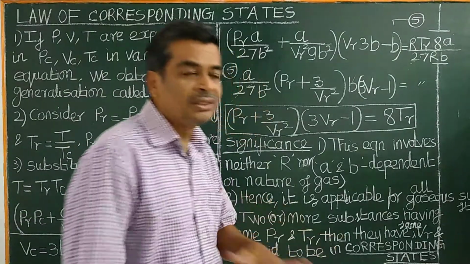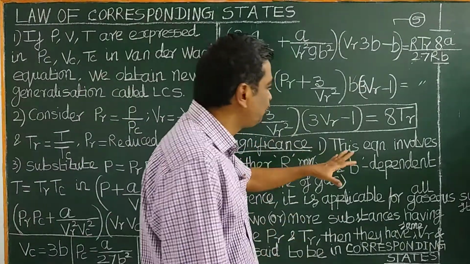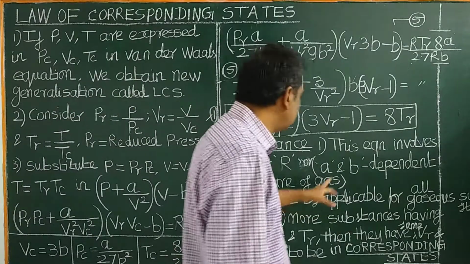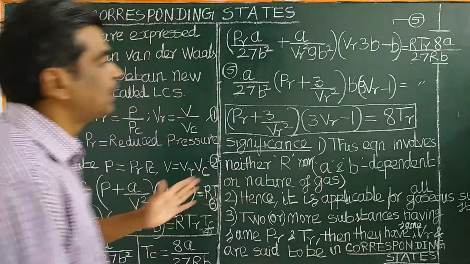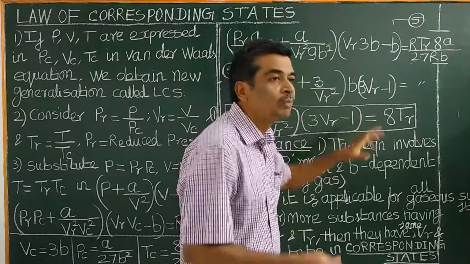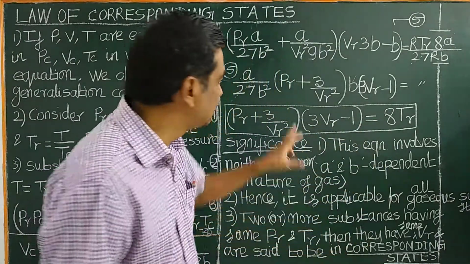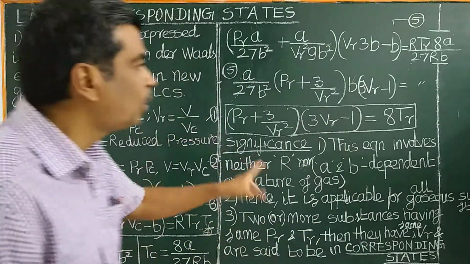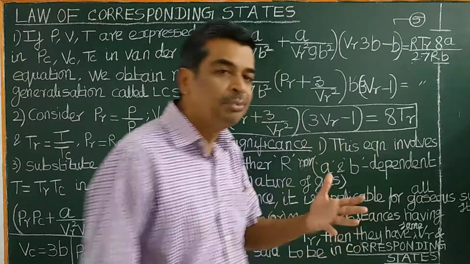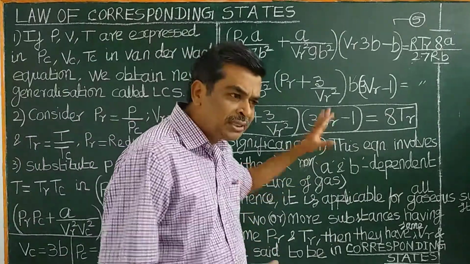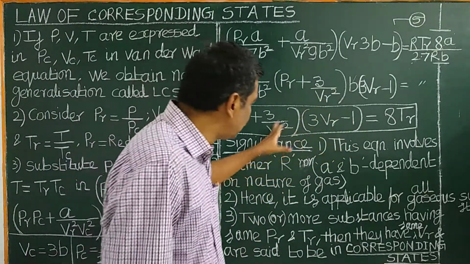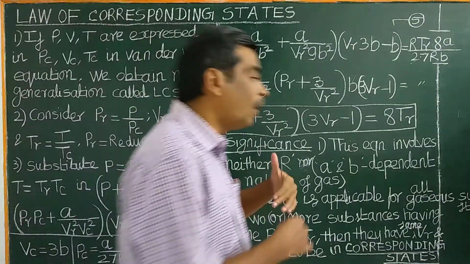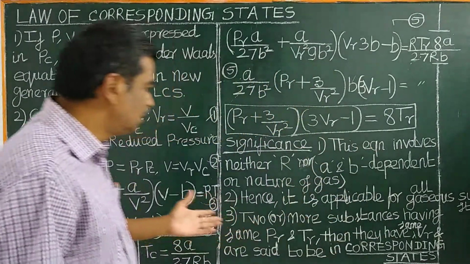So this equation is applicable to all gaseous substances, because this equation is independent of the nature of the gas. It does not involve the van der Waals constants a and b. So this principle of corresponding states is applicable for all gaseous substances.